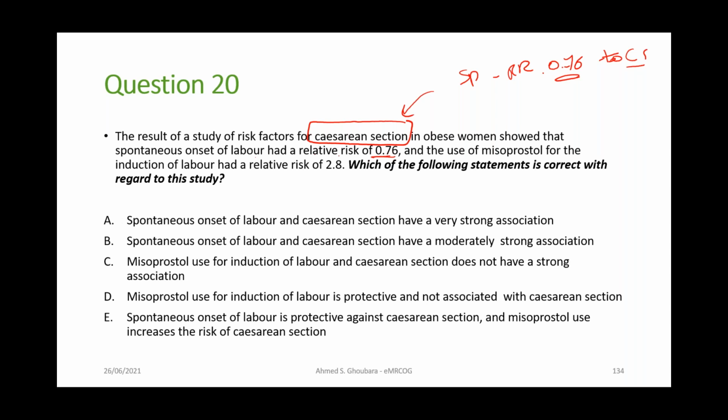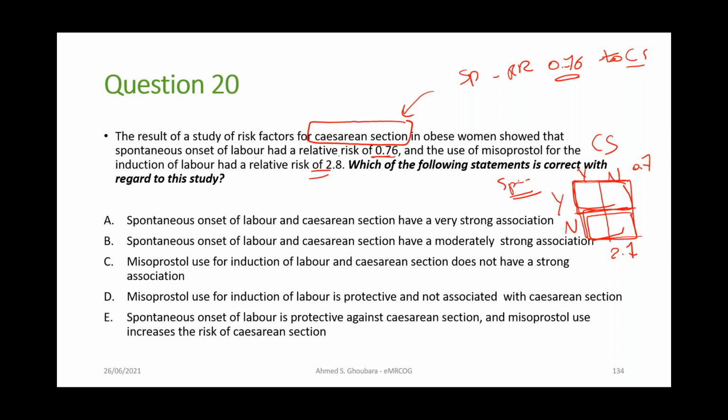2.8. This table will look like this. We have cesarean section, yes or no. Misoprostol, yes or no. The risk in the exposed over the risk in the unexposed for misoprostol will be 2.8. And for spontaneous onset of labor, exposed and not exposed, it will be 0.76. So what will be your answer? Obviously here misoprostol has increased the risk of cesarean section, the outcome.